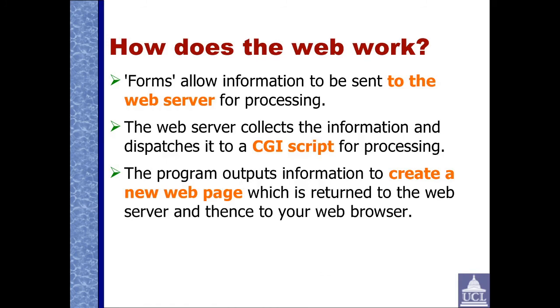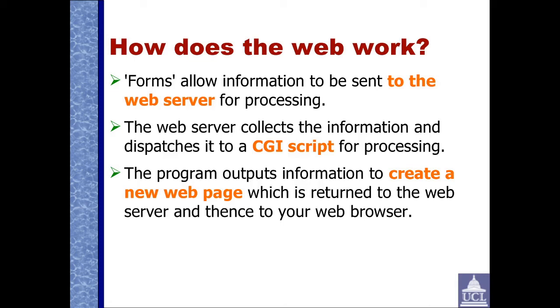Now, forms allow information to be sent to the web server for processing. So what we saw in that previous description was just obtaining static web pages. So in this case, what happens with a form is that the web server collects the information that went into the form and dispatches it to some sort of way of processing those data, and what we're going to focus on is these CGI scripts.